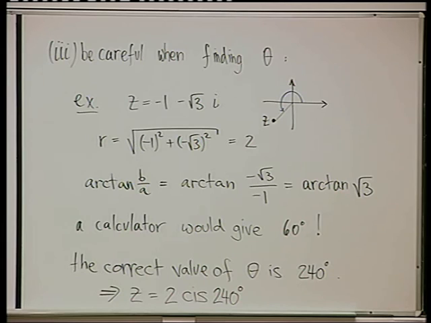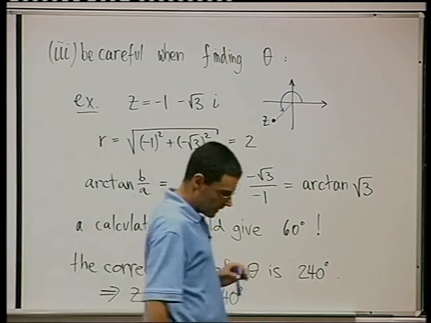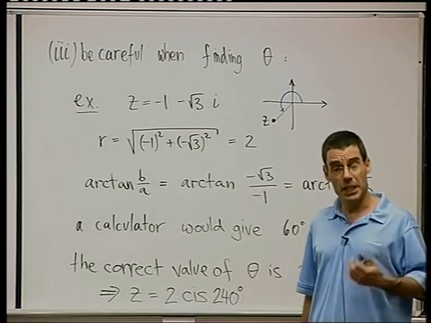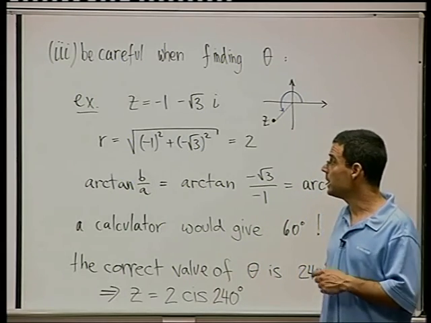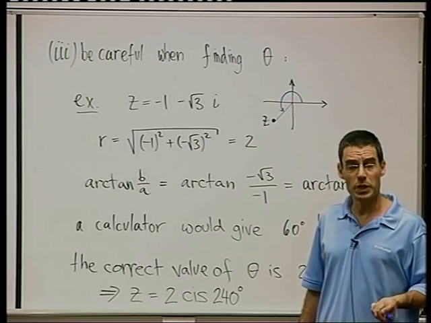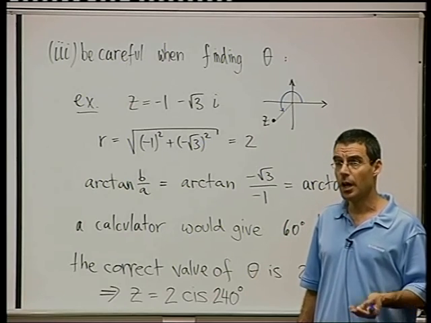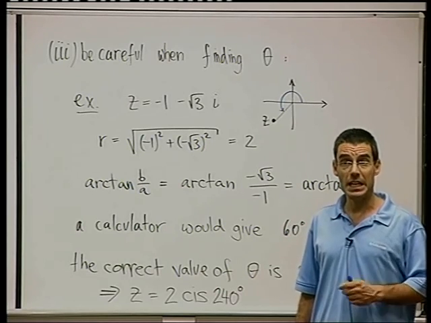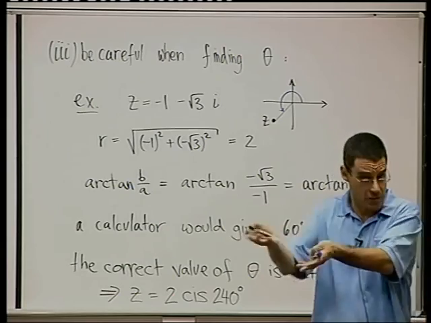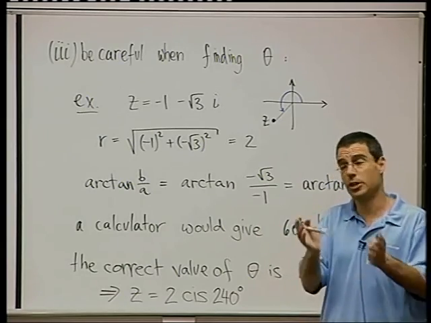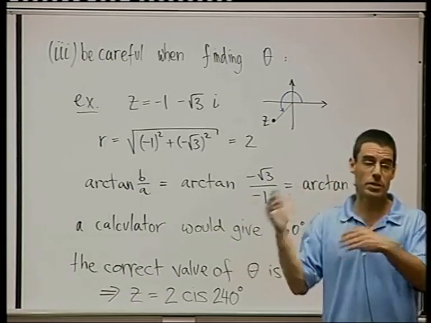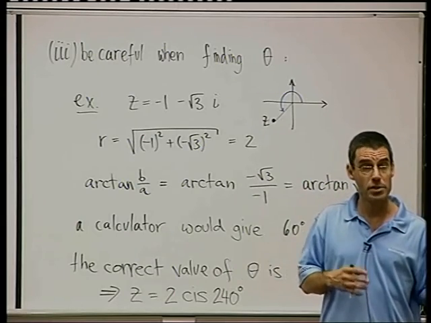Okay, what we want to discuss next is multiplication and division in polar form. It turns out that when you want to add or subtract, don't do it in polar form. It doesn't make sense. You can try, and you'll see that there's no relation between the thetas of a sum to the thetas of the original numbers you added.